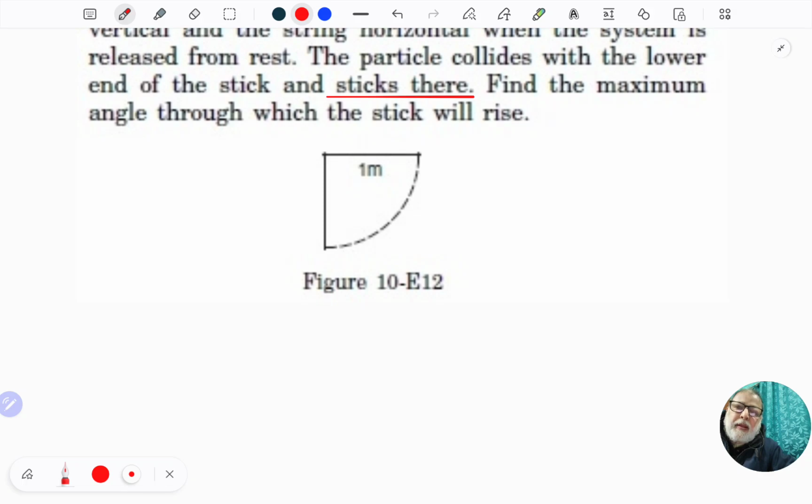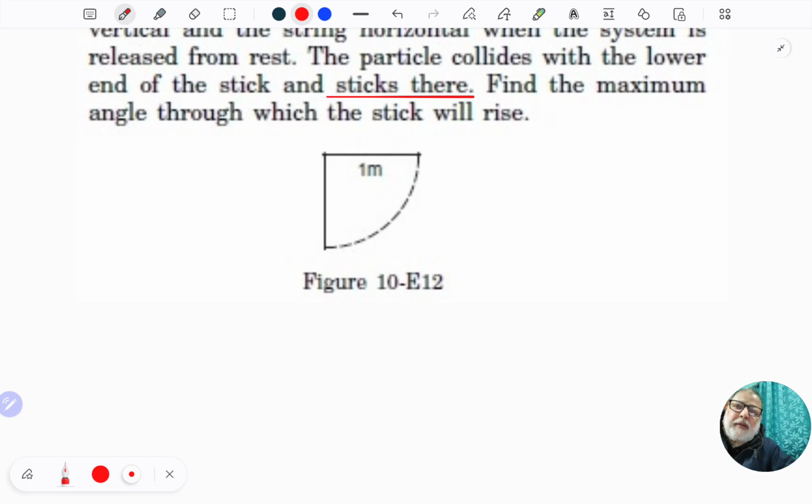So kinetic energy cannot be conserved during this collision, and hence throughout the motion of the particle plus rod, we cannot apply the principle of conservation of energy. Next, whether linear momentum is conserved or not, that is another important question.